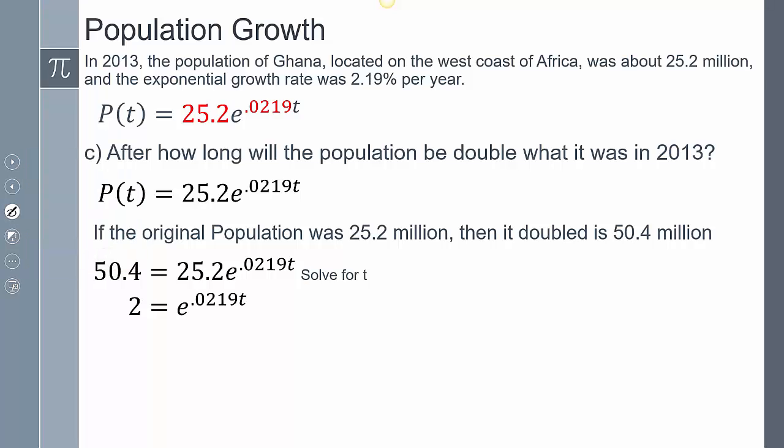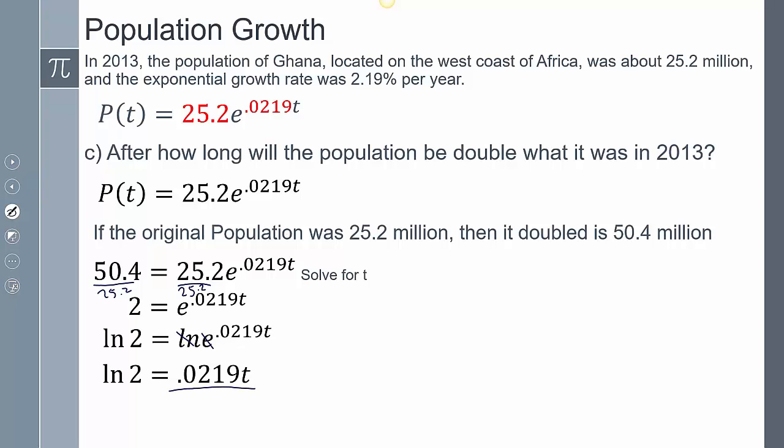So I want to divide both sides by that 25.2 million. So then I get 2 equals e to the 0.0219t. Then I need to take ln to both sides. Now the ln and the e are going to cancel out. That's why I wanted to do that. And so now I get ln of 2 equals 0.0219t.